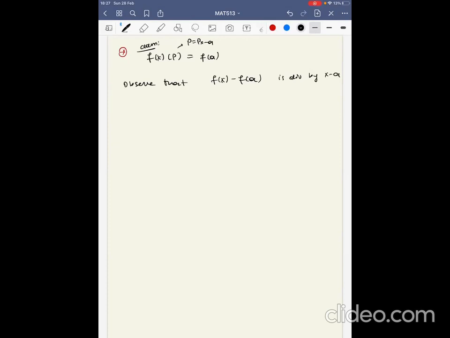If we plug in a in this equation, we get 0. Since it is divisible by x minus a, this shows that this polynomial is in the given place P_{x-a}.